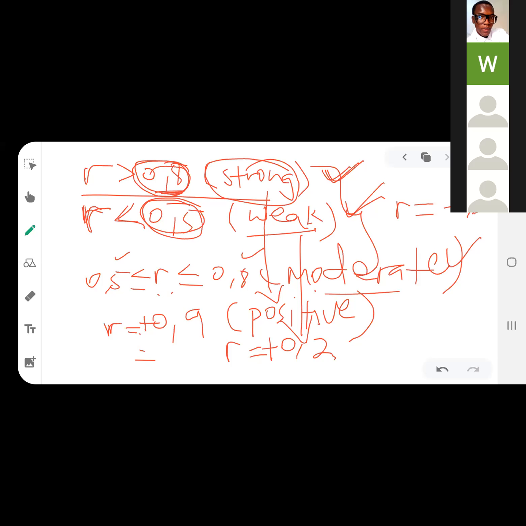And then it is moderate because it is between 0.5 and 0.8, both inclusive. Therefore, we have a moderate negative relationship. So that's how you interpret the value of R. Do you understand? Can we now go to the calculation?